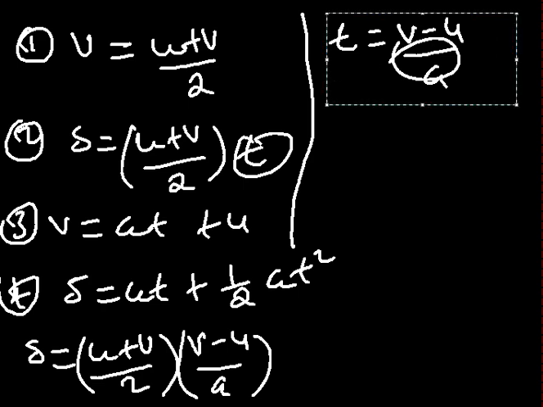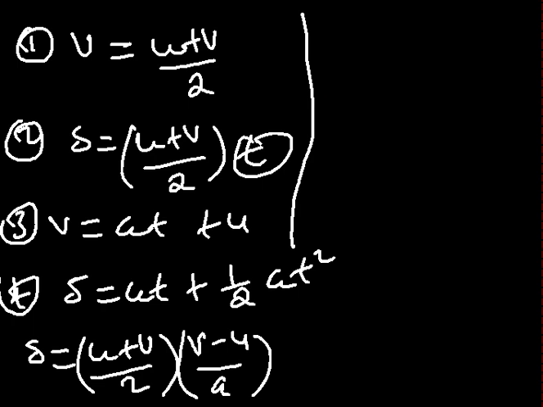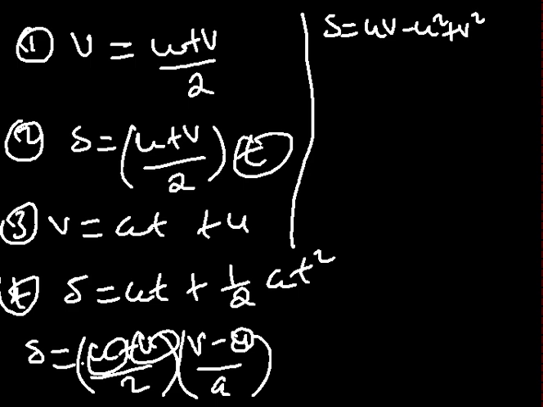If we expand that, we'll have the displacement equal to u times v, that is uv, and u times negative u, that is negative u squared, and v times v, that is a positive v squared, and v times negative u, that is negative uv, divided by 2 times acceleration, which is 2a.